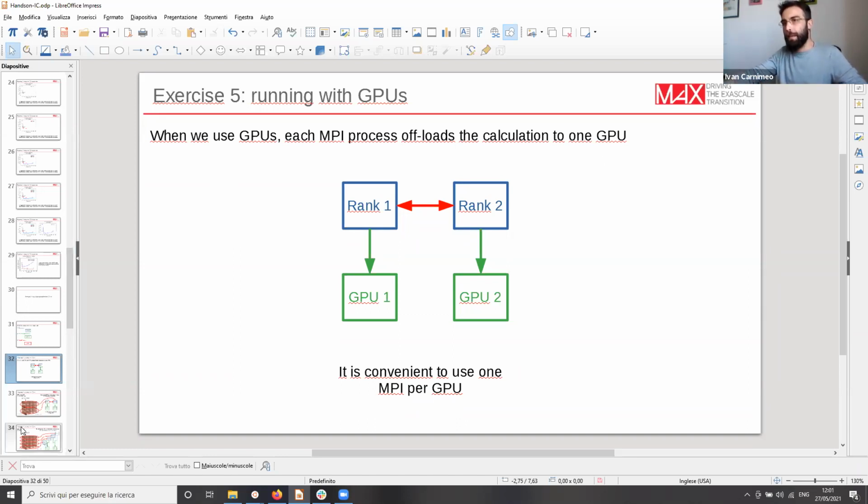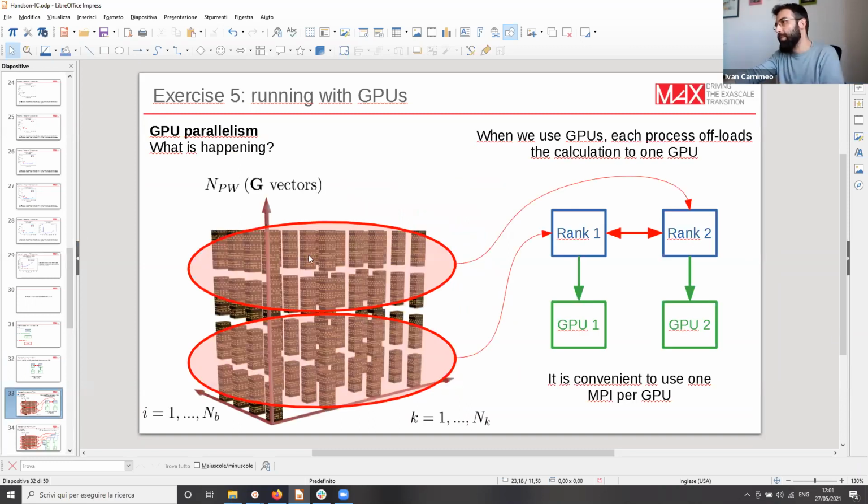Here we can see the same concept with the wave function. We parallelize the wave function on the plane wave components. Assume that we have two GPUs. The best practice, the good practice, is to use two MPI processes. So we divide the wave function in two MPI processes, and we send each portion to one MPI process, and each process offloads the calculations to one GPU, and the processes will communicate with each other.